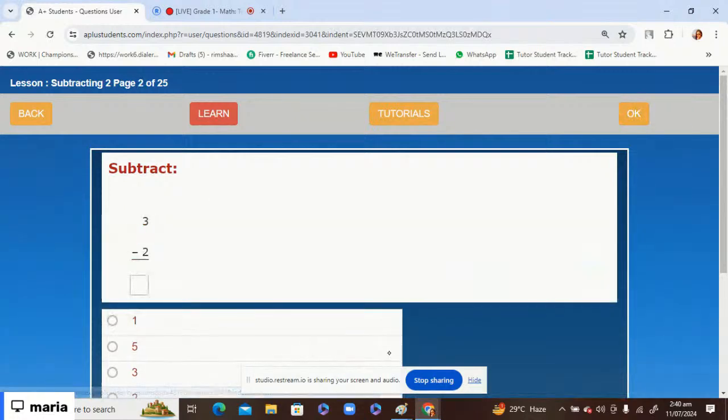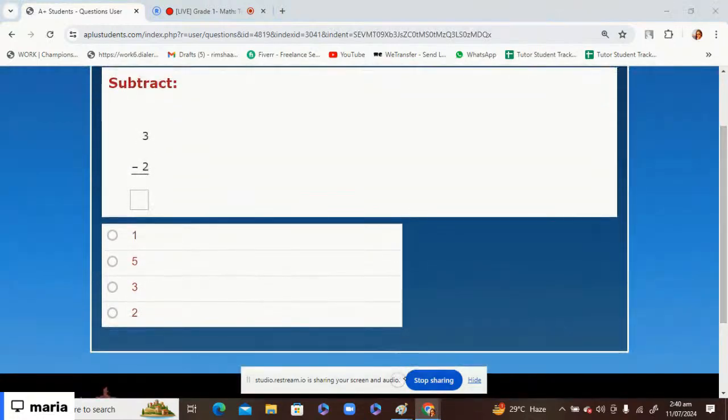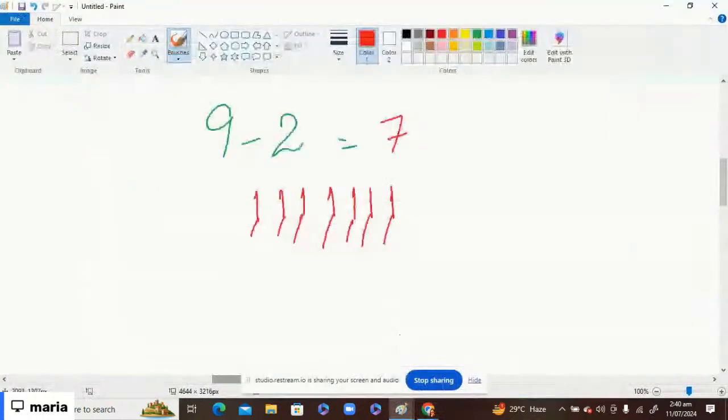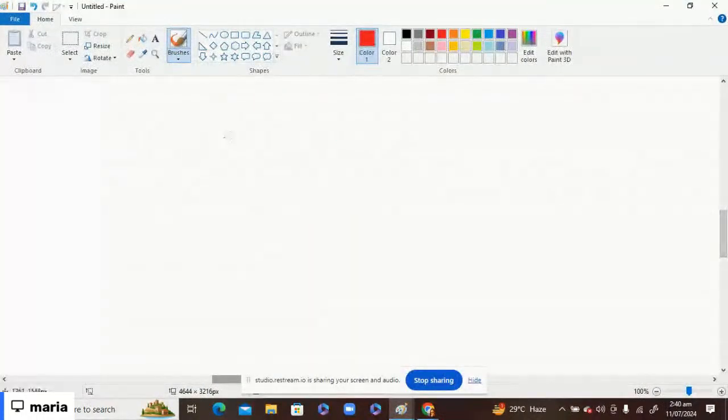Okay, 3 minus 2. This is so easy. Can everyone tell me the answer of this one? 3 minus 2. Just draw the 3 lines: 1, 2, 3. How many lines did you remove? 2 lines that you're going to remove. This is 1 and 2. So how many lines are left? Only 1 is left.